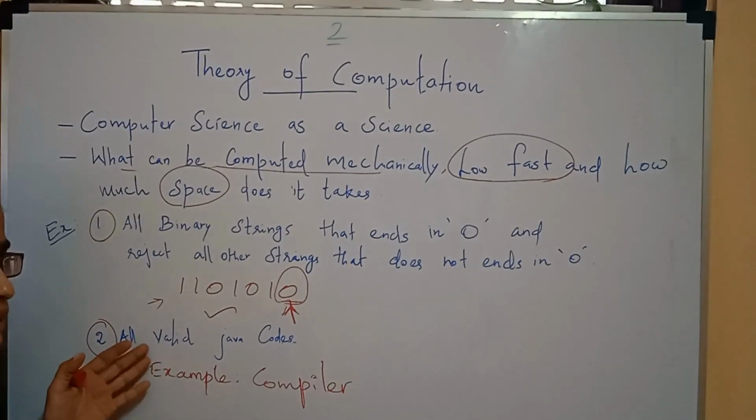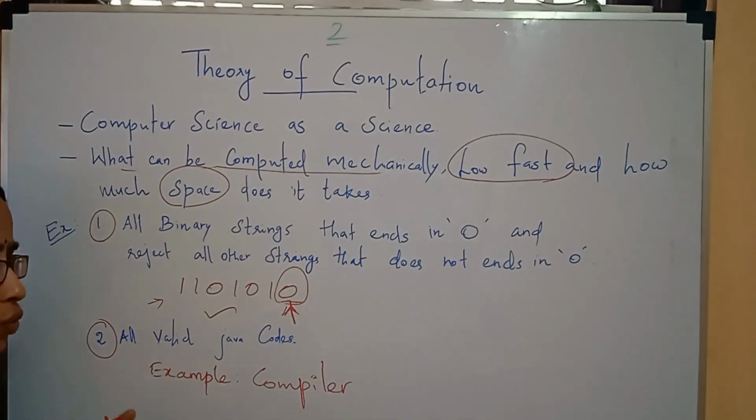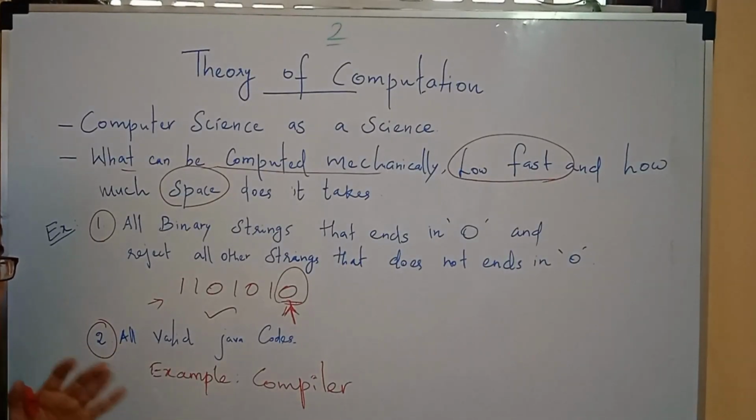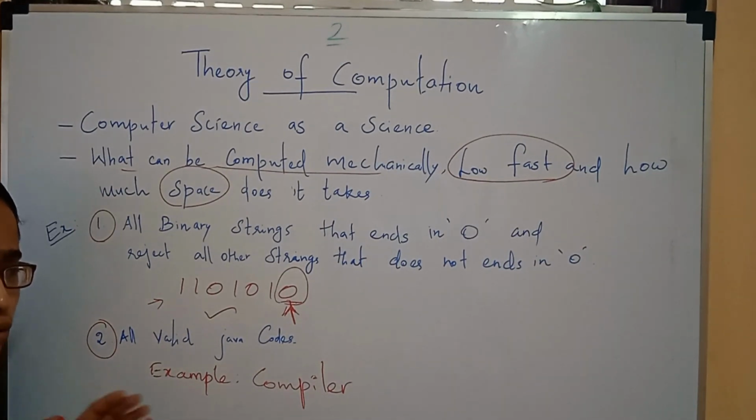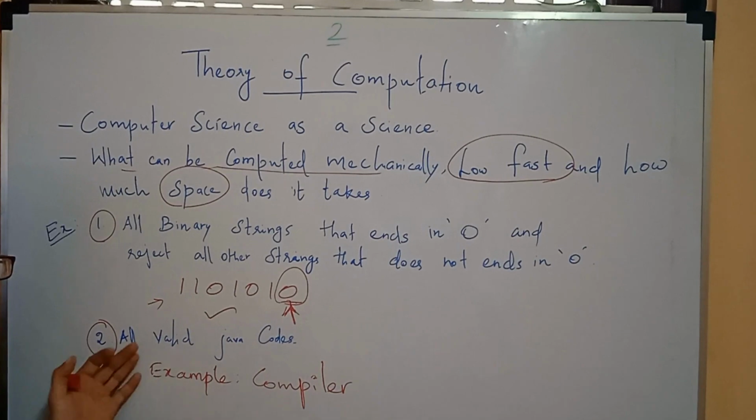Is it possible to design a machine that accepts all Java codes and proves that the given input does not go into an infinite loop? This is the problem statement: can you design such a machine or not? Just think for a while, and we'll see the answer soon.